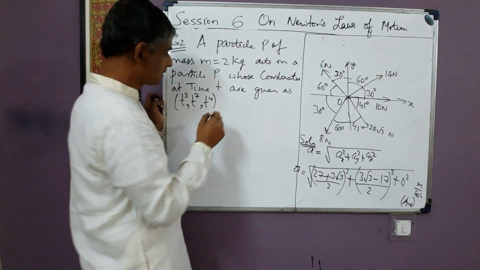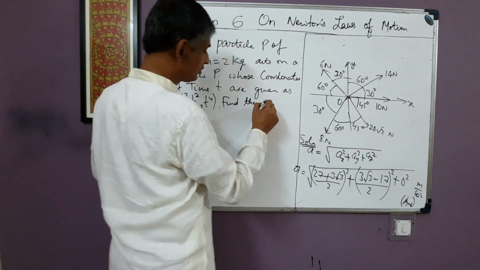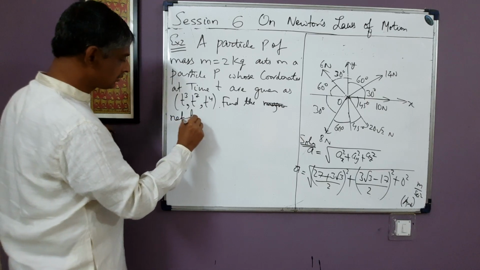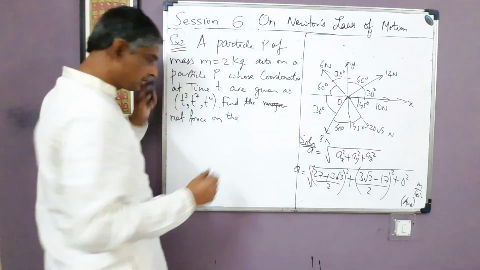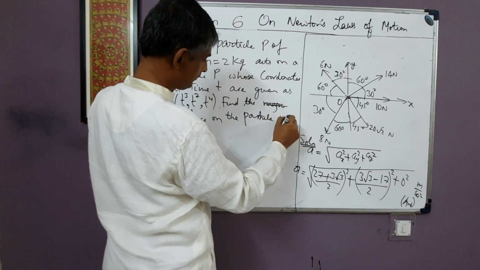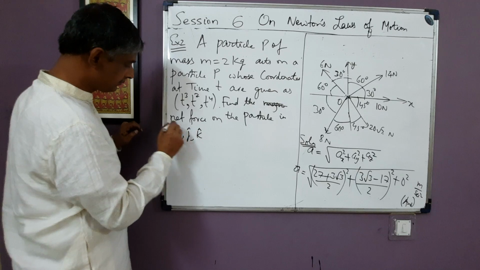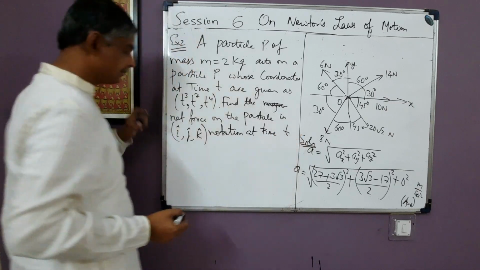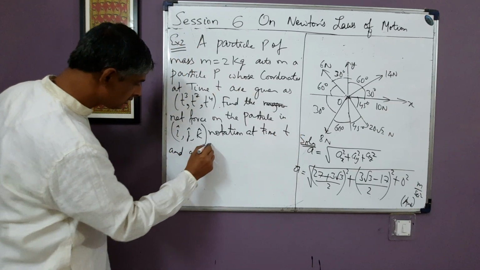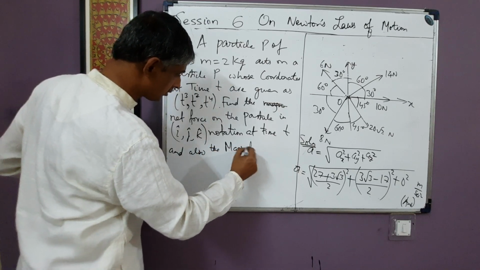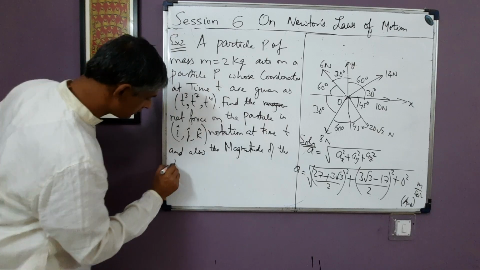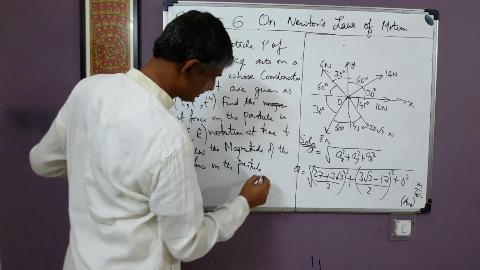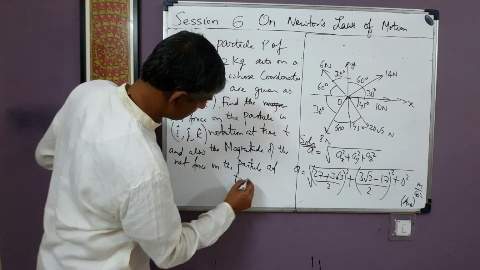Okay. Question is, find the net force on the particle in i hat, j hat, k hat notation at time t, and also the magnitude of the net force on the particle at t equal to 2 seconds.